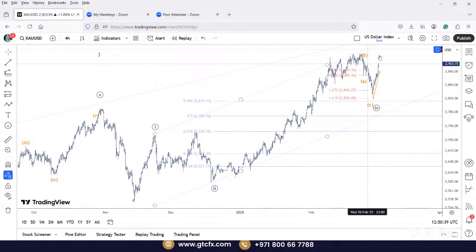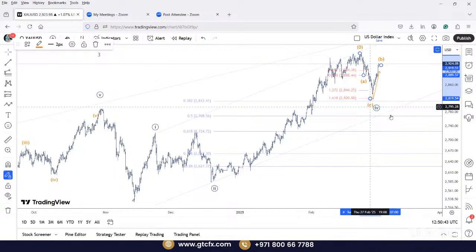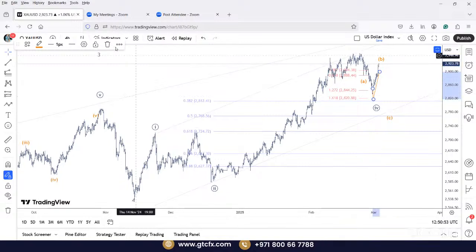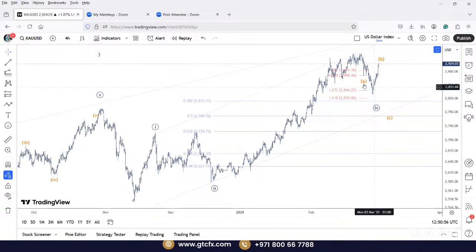So wave 4, I'm going to change the structure a bit. Wave 4 is ideally going to end somewhere around the 2820 zone. Did you see that last Friday it has already hit 2830? Whether it is completed or not, it's a big question, but most probably it has completed wave A here.